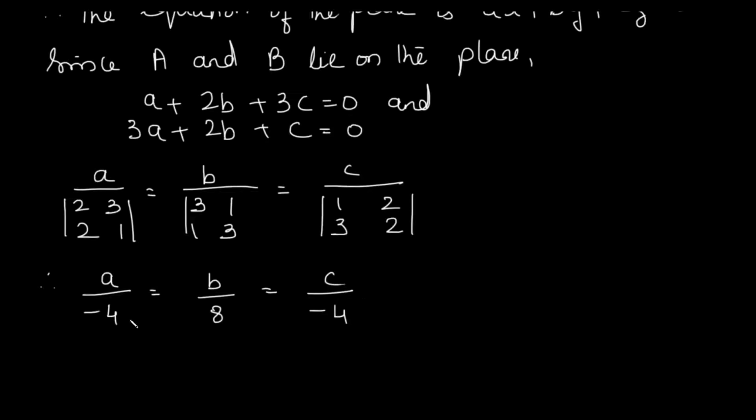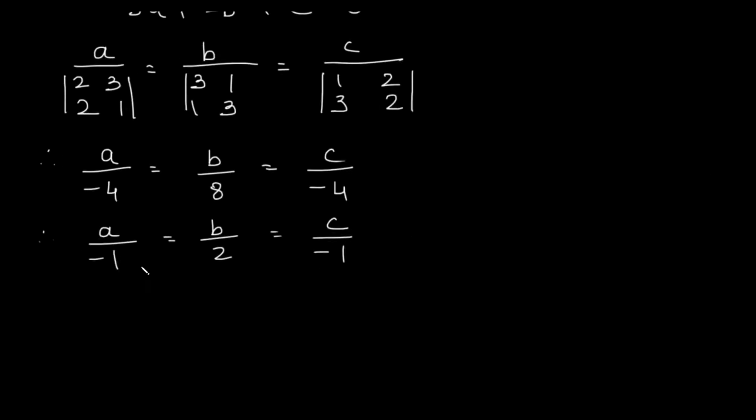Now minus 4, 8 and minus 4 can also be divided by 4, and we can write them as A upon minus 1 is equal to B upon 2 is equal to C upon minus 1 again. Thus we get A, B and C are proportional to these numbers, that is minus 1, 2 and minus 1.